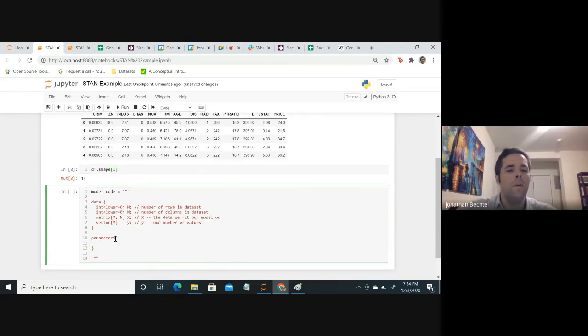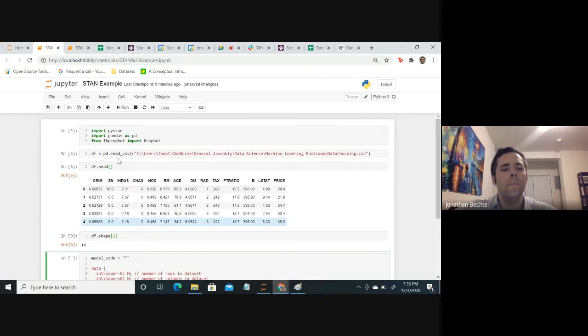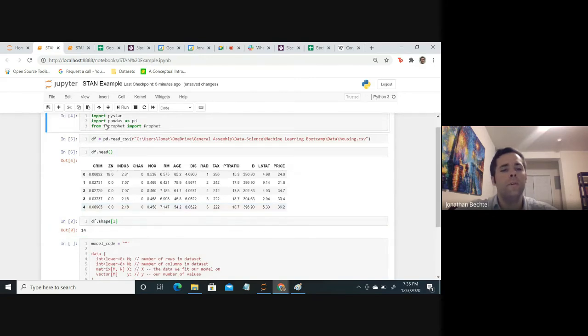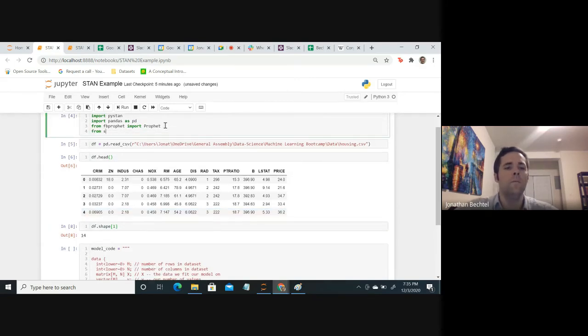Now the parameters. The parameters here, we basically have the intercepts, we have the coefficients, and then we also have one more. Real quickly, you don't have to type along with this if you don't want to.